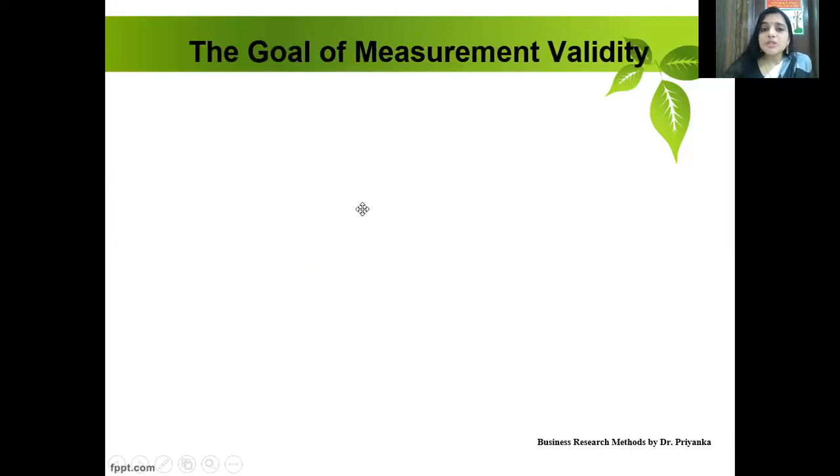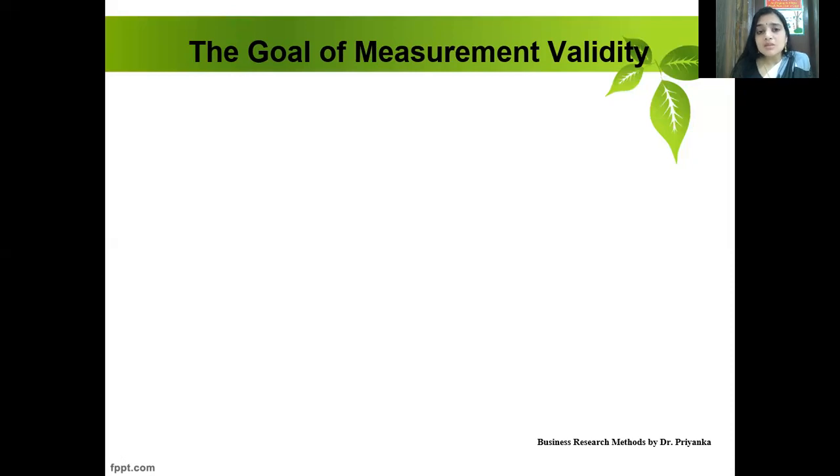Then goal of measurement, validity. How would you measure the validity? See, when you are trying to measure something, you should actually check whether it was valid or not. For example, you might try to check whether a fish can run faster than an elephant or not on the land, right? So it is actually the wrong concept.